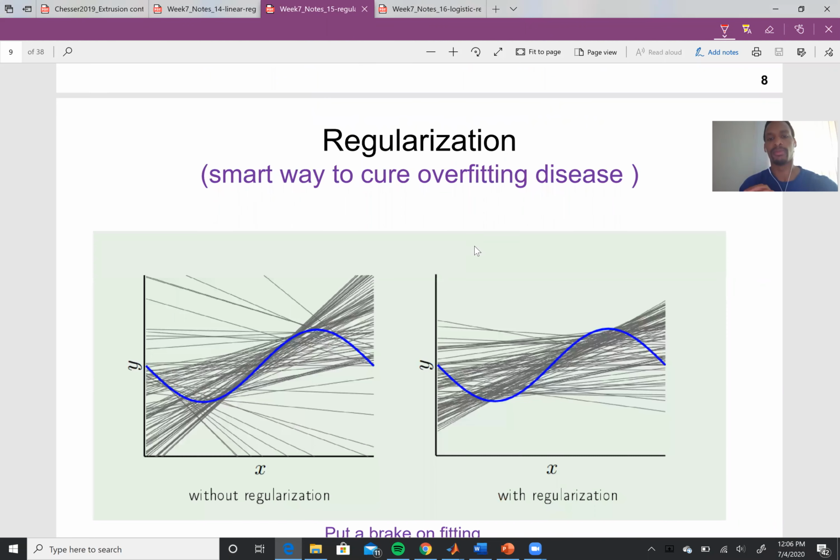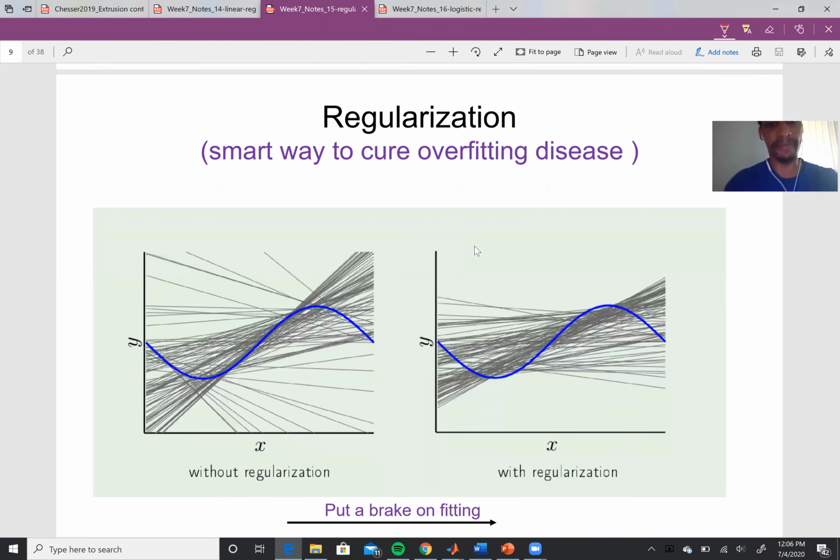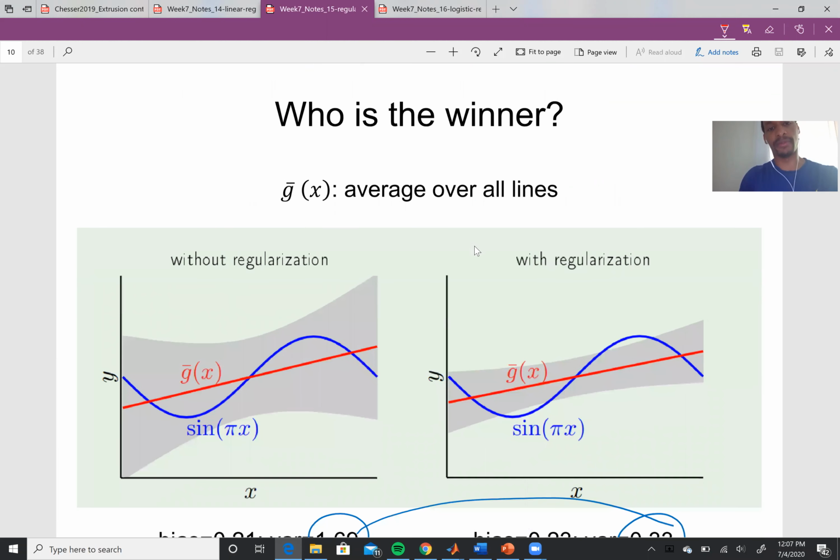But yeah, so regularization is kind of a smart way to not overfit the data. Basically, you're taking an approach that allows you to have a smaller variance.